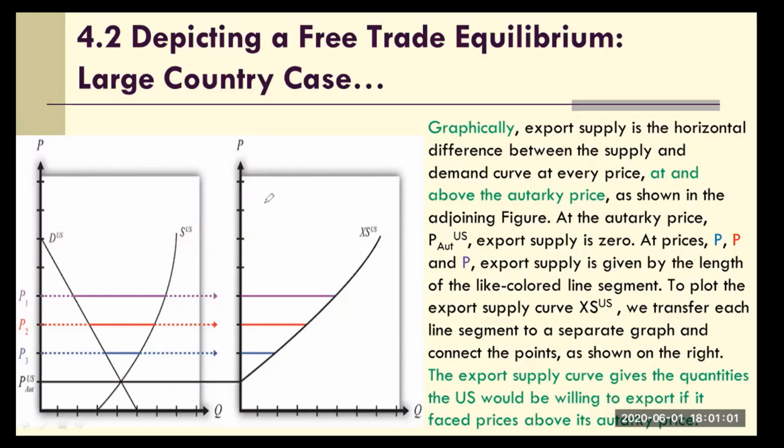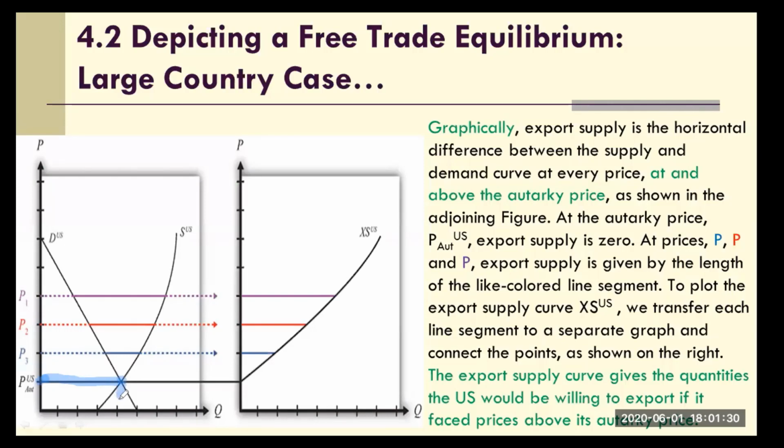Here, the first graph shows the demand in the US and the supply in the US. The demand and supply are equal at this equilibrium, so here is the autarky price, the local price.